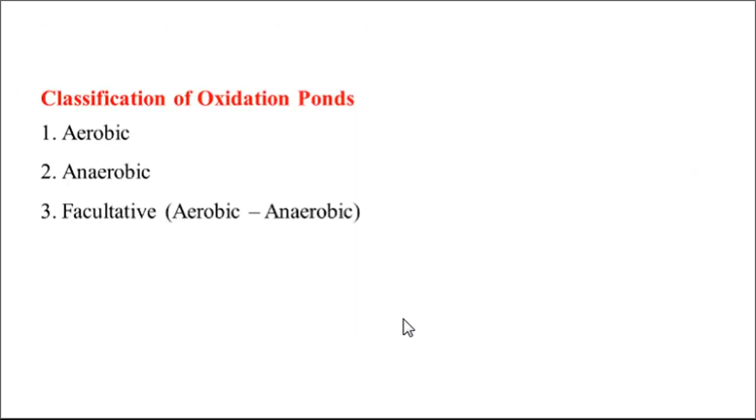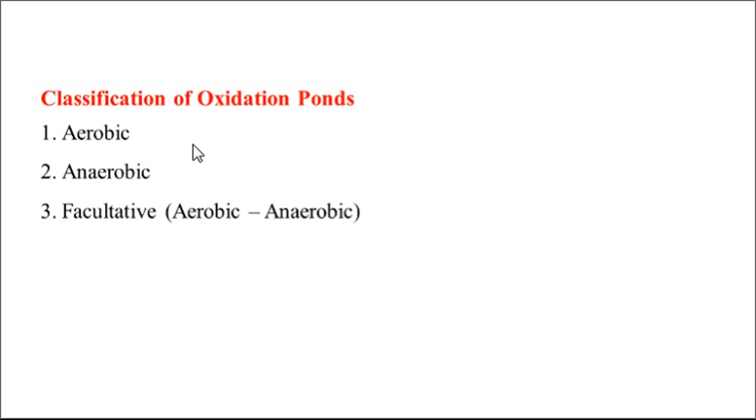Next, classification of oxidation ponds. Oxidation ponds are mainly classified into three. One is aerobic, second anaerobic and third one is the facultative. So depending upon the presence of bacteria in the wastewater or in the oxidation pond, we can classify the ponds into three.